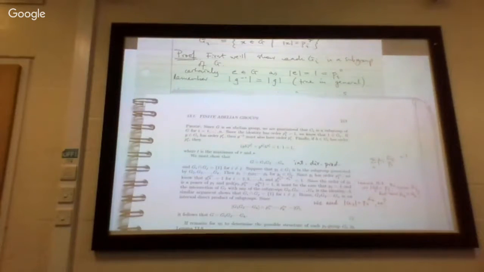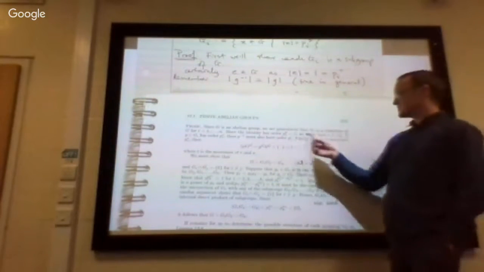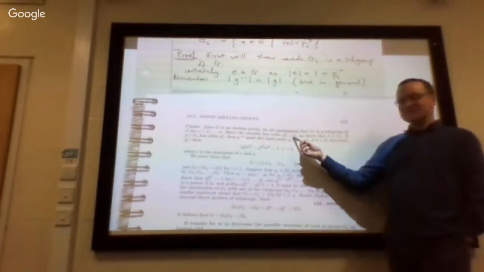Now, when you're reading that, I'll stick with using E, but he's using 1 for the identity there. Just to remain consistent with my handwritten notes, I'll use E for the identity. It's slightly confusing, of course, because you have to be careful. Like this one here is the integer one. That's the power of the prime.